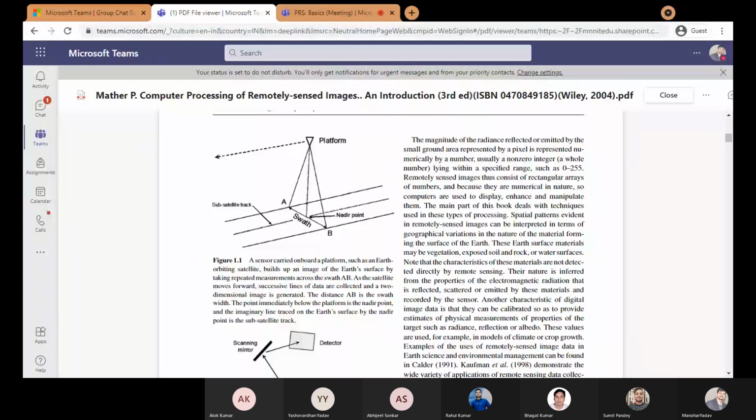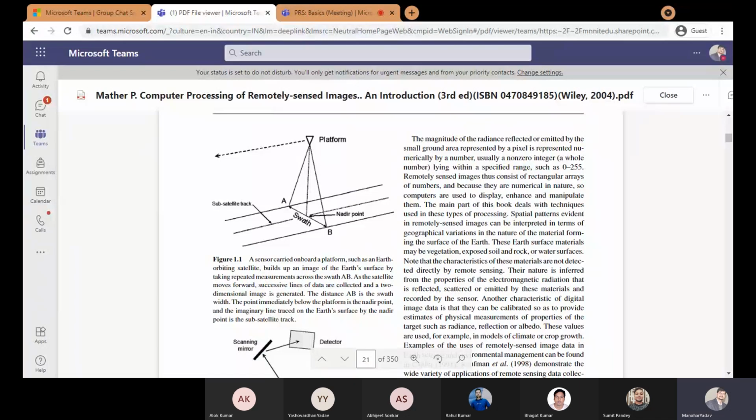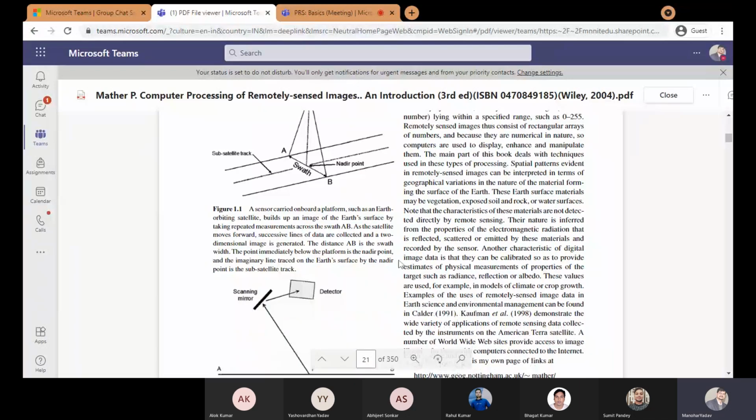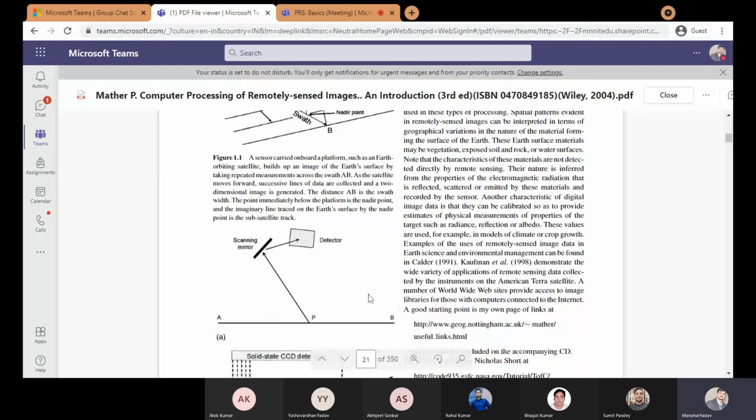So a sensor is a combination of certain charge coupled devices. In a CCD, a particular detector has a square shape. This detector looks at the ground, and it covers a very specific area on the ground.